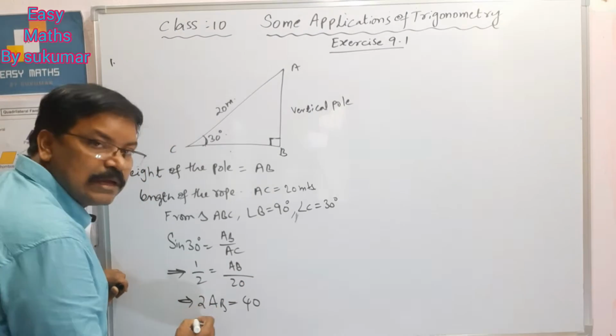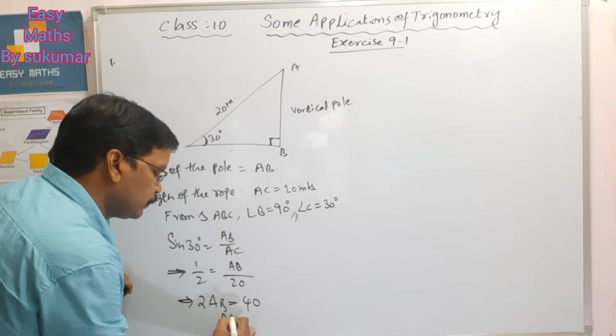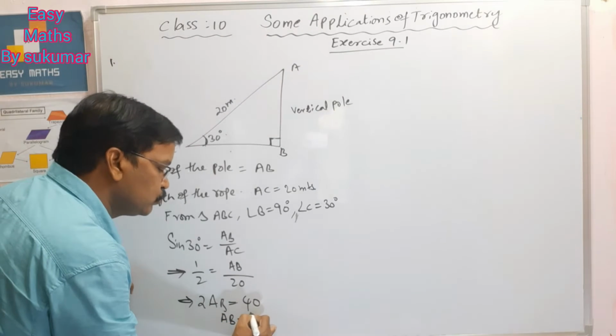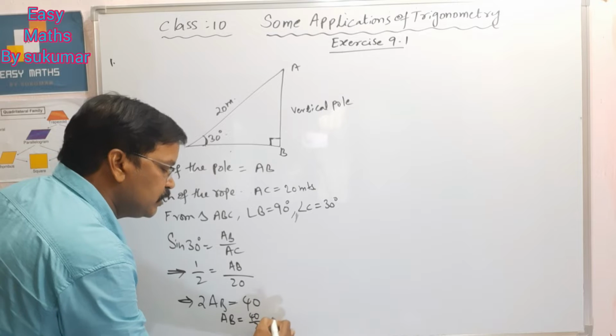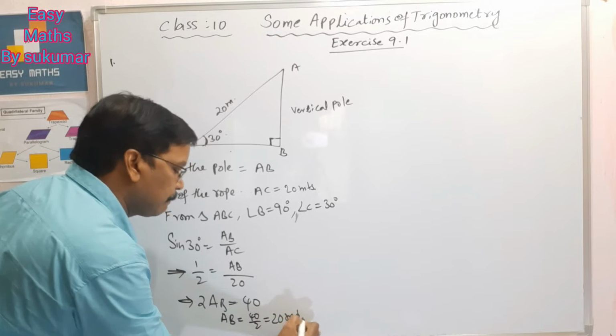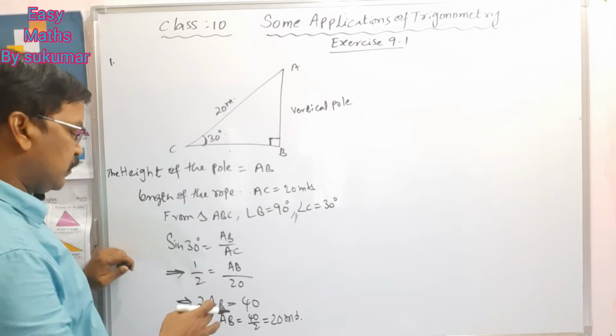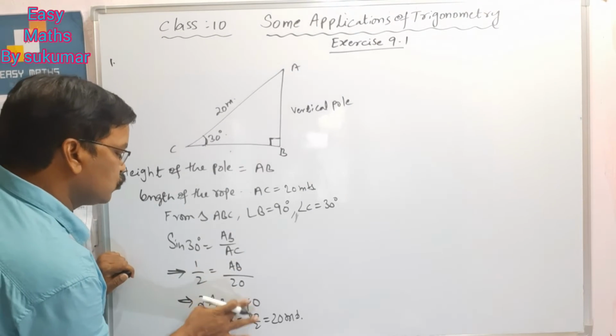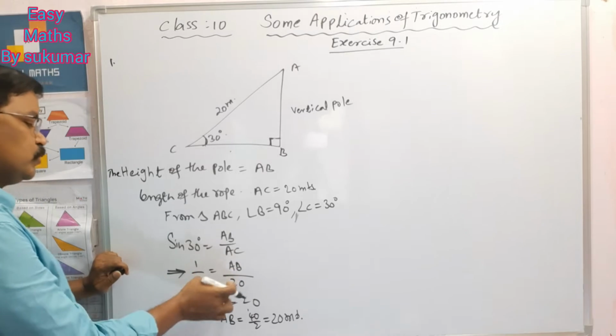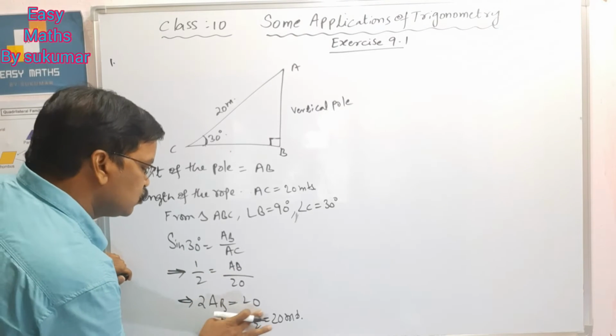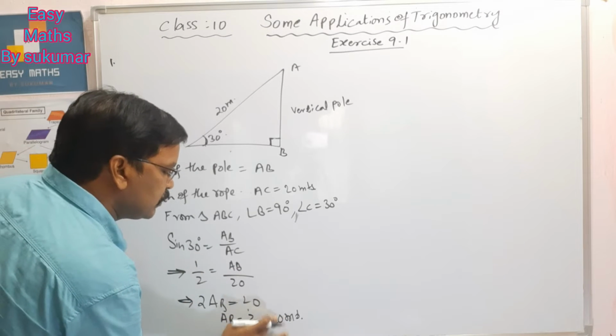Sorry, here 2 AB is equal to 20, so AB is equal to 20 by 2, which is 10.